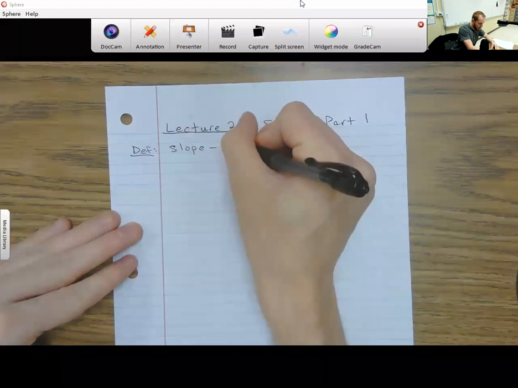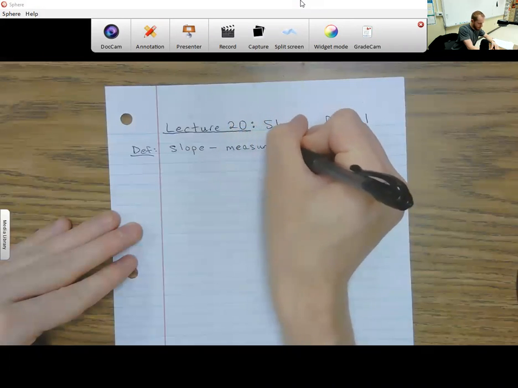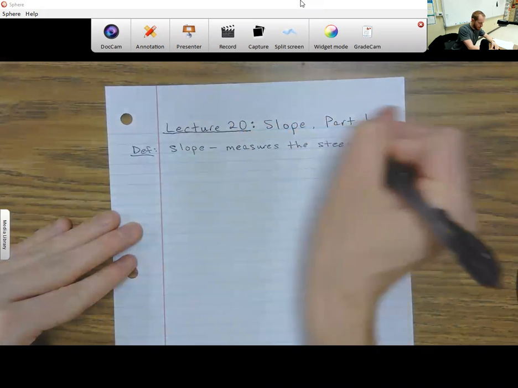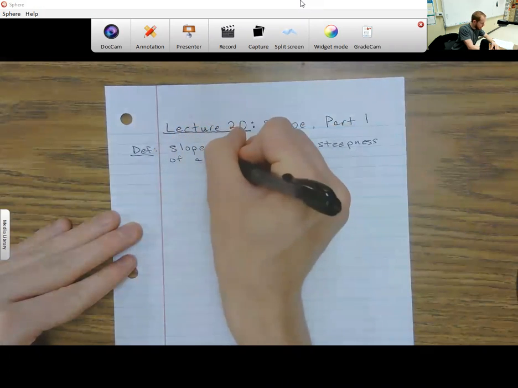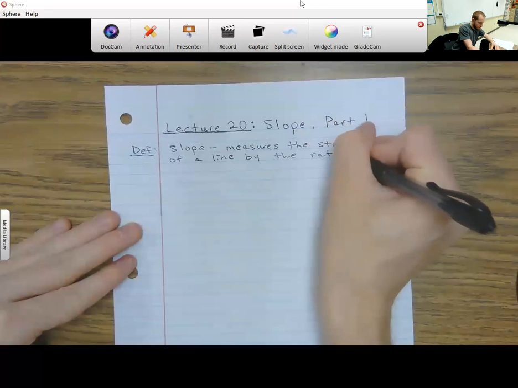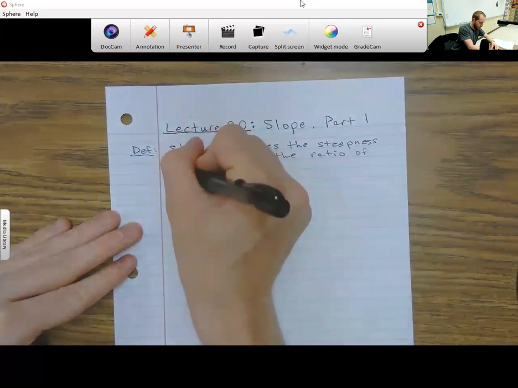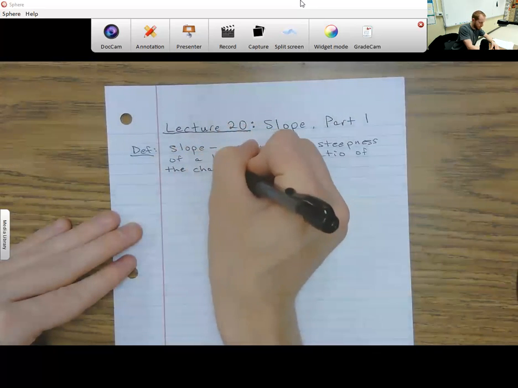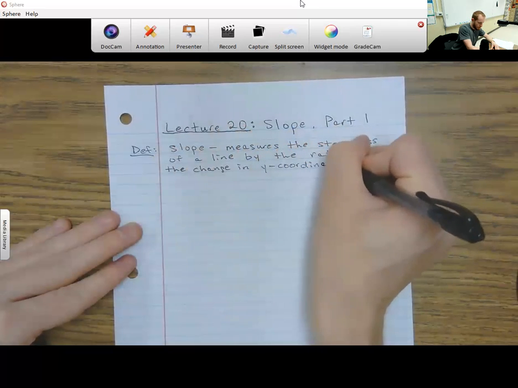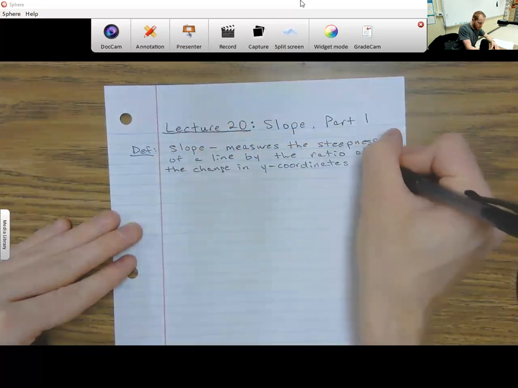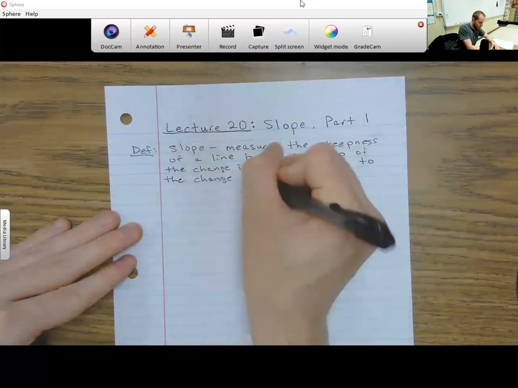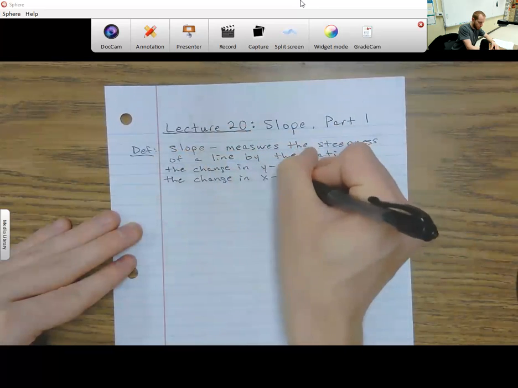Slope is going to measure the steepness of a line by the ratio of the change in y coordinates to the change in x coordinates.